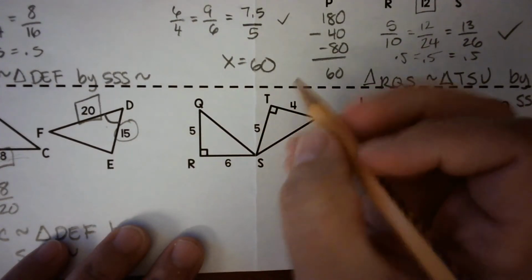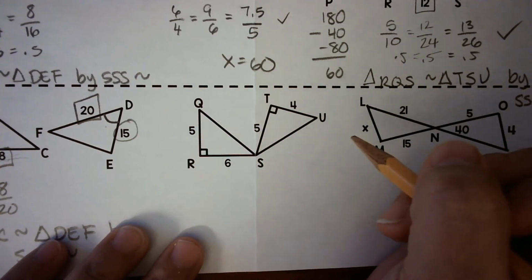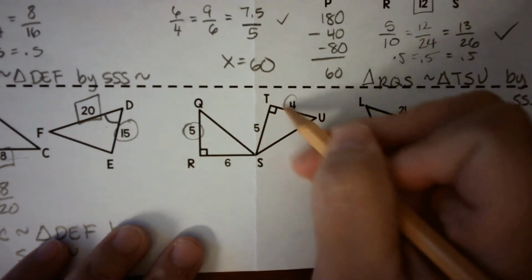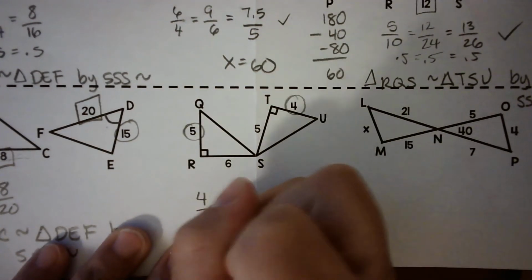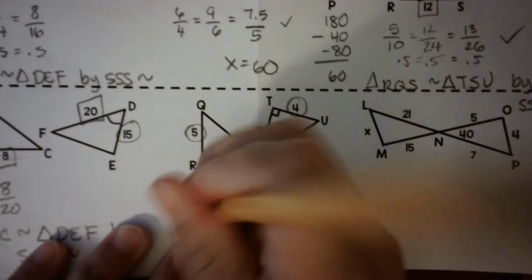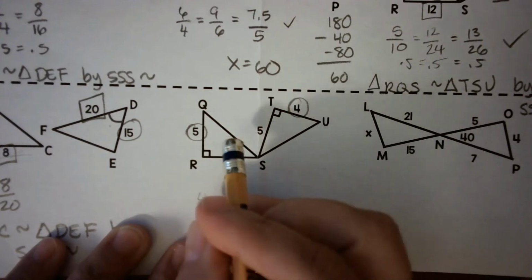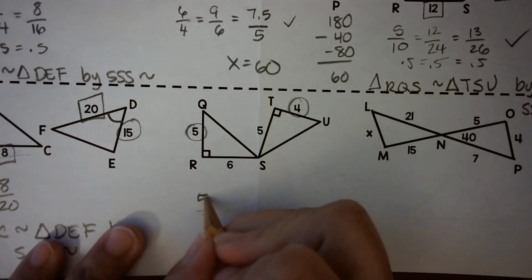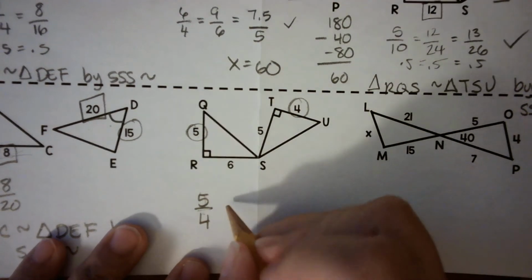Okay, so then we have this one right here. We need this one. This was the smallest one, and this one would be the smallest one. 5/5, sorry. I always try to let you write it from left to right. So this one's first, 5/4.